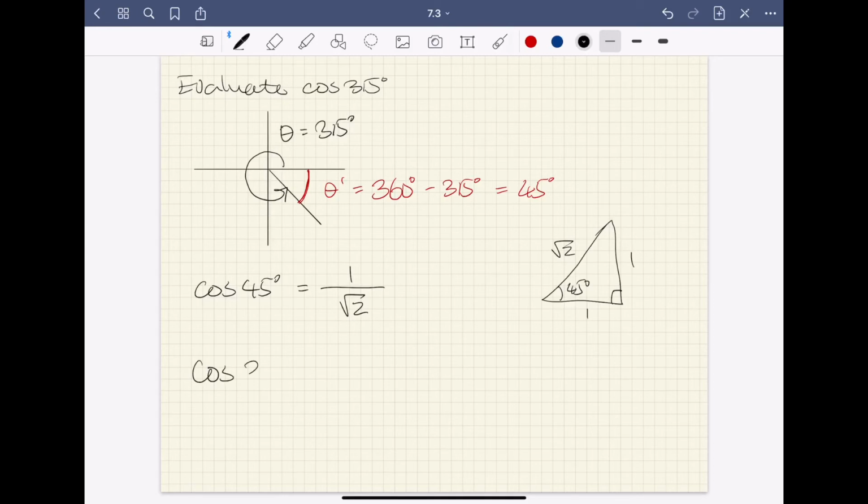And to calculate cos 315 degrees, we need to know whether it's positive or negative. We know that it's ASTC. So in the fourth quadrant, cosine is positive. And the answer will be the same as cos 45.